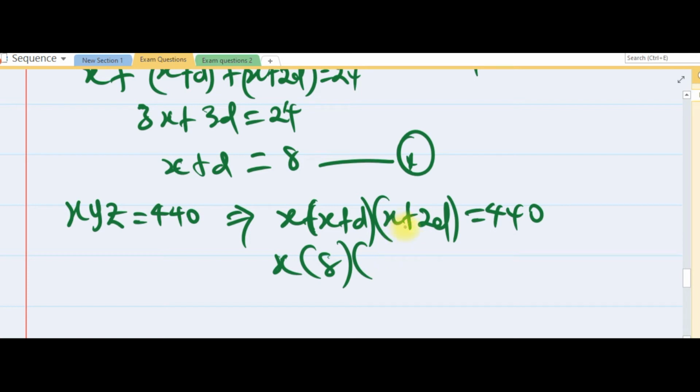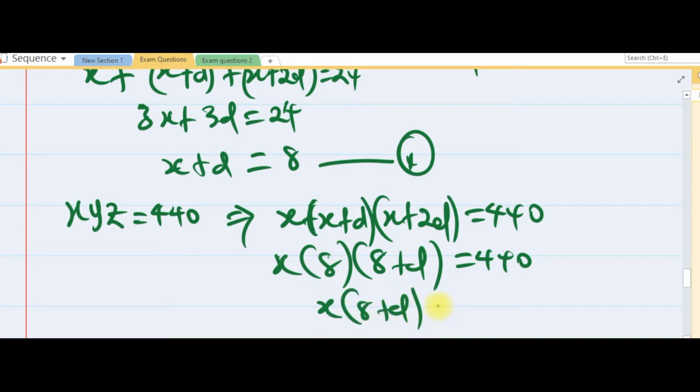So we have x plus d, which is now 8, plus d. You understood what I did? So x plus 2d is 8 plus d. So again, from this you notice we have a common 8, so we have x times (8 plus d) equals 55, since I divided both sides by 8.